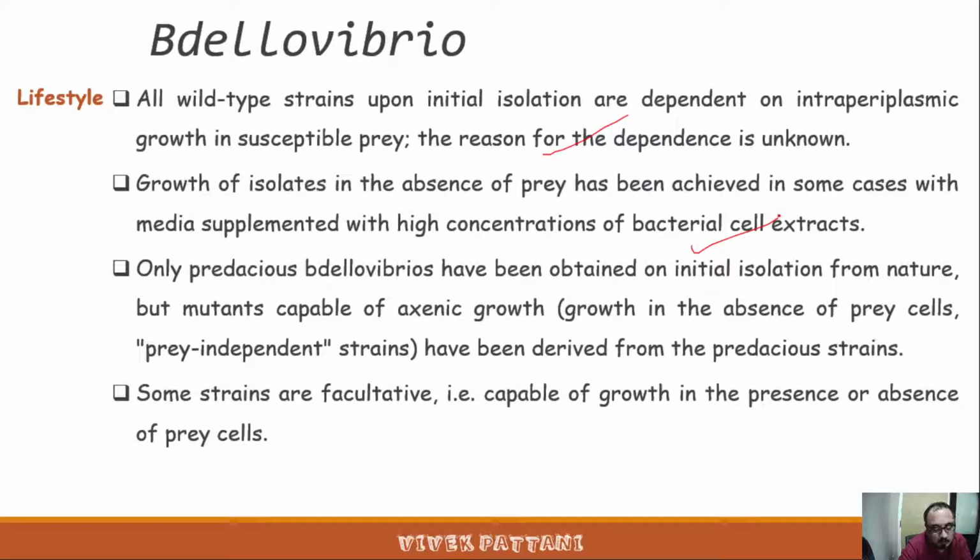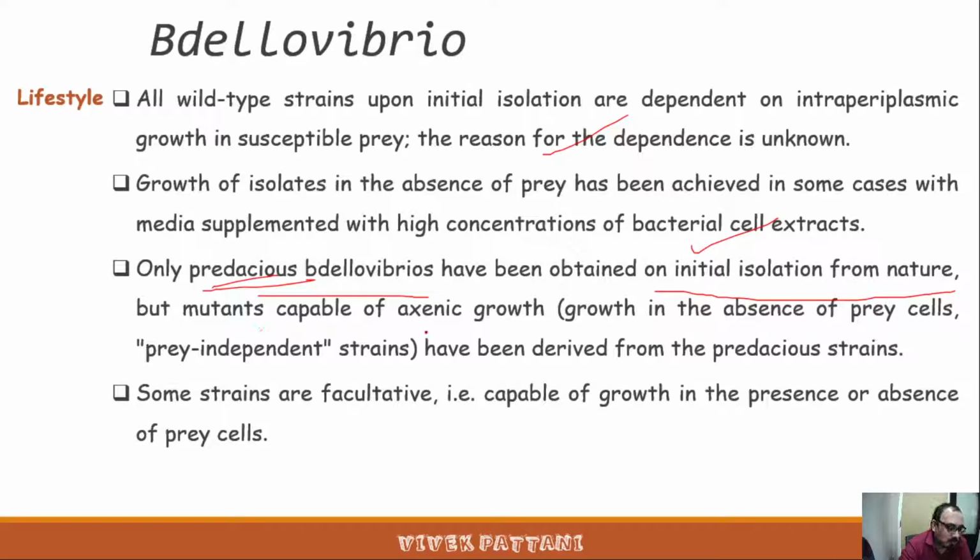So in order to grow Delftia vibrios, we need to add bacterial cell extracts into the media. Only predaceous Bdellovibrios, which means those that can hunt down other bacteria, have been obtained on initial isolation from nature.